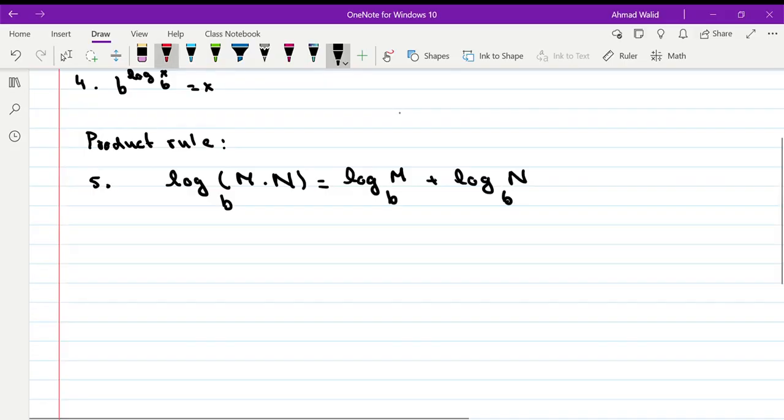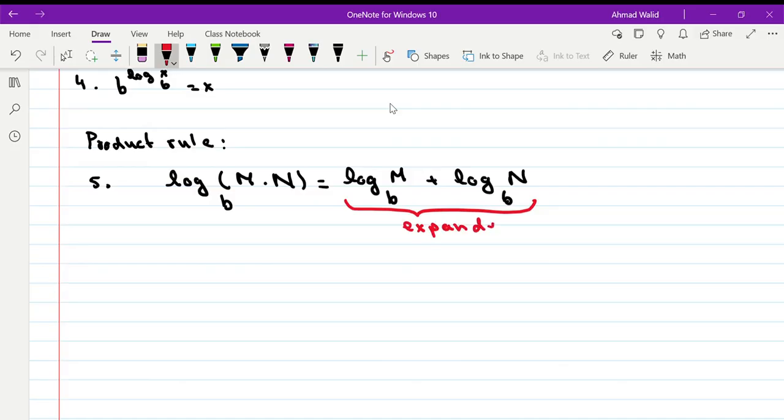We call the right side of this expression the expanded form, and the left side the condensed form. Correct?